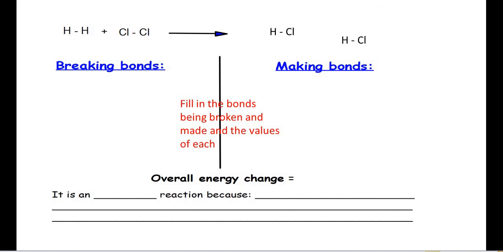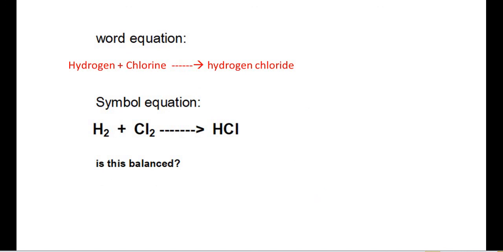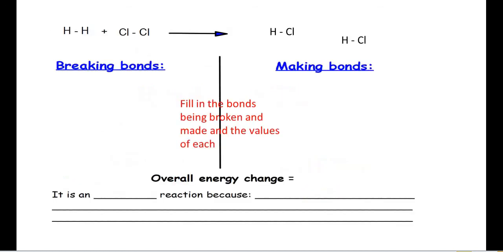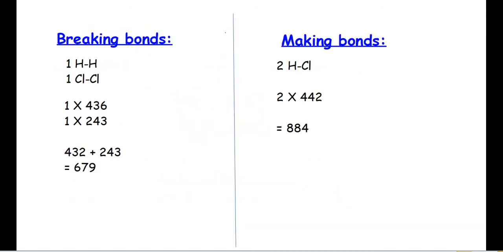You get your values on that page there. So you're breaking 1 HH and 1 ClCl. So those are your values, and the total is 679.